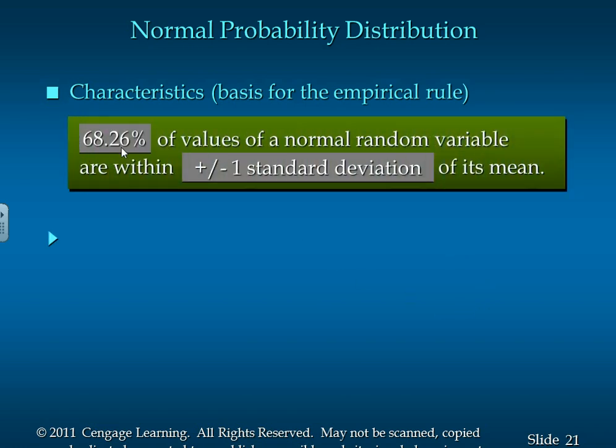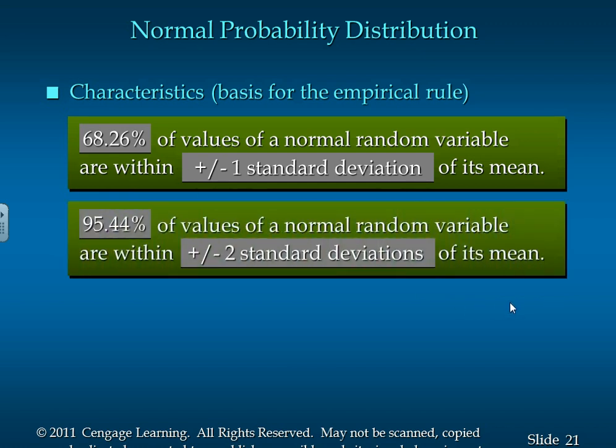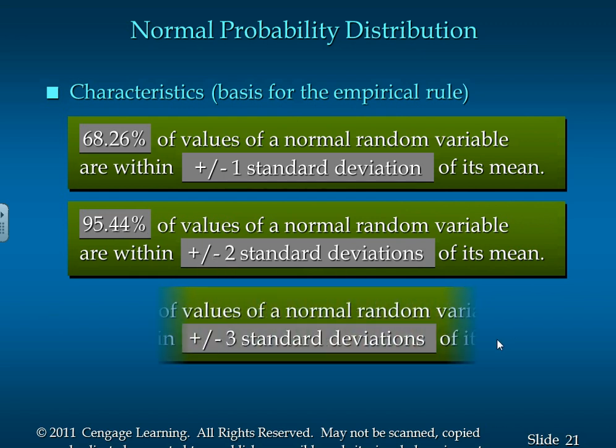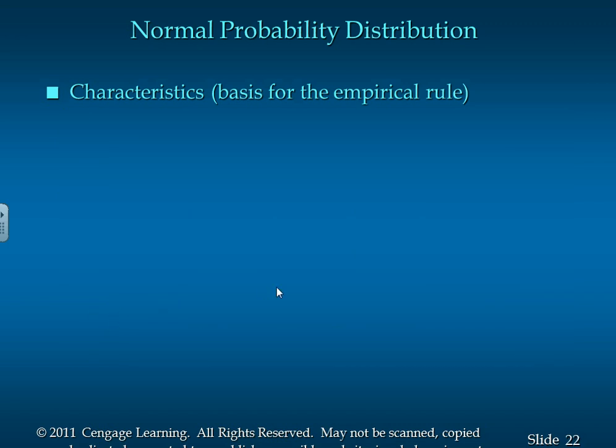The first rule says 68.26% of the values are going to be plus or minus 1 standard deviation from the mean. 95.44% are going to be plus or minus 2 standard deviations from the mean. 99.72% are going to be 3 standard deviations from the mean.